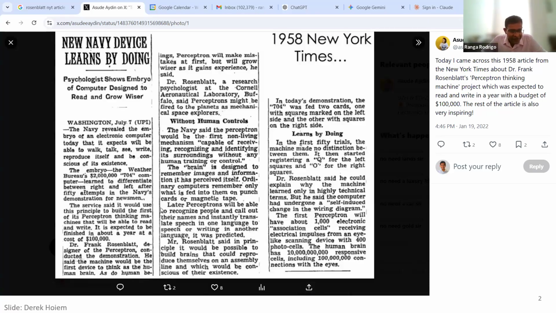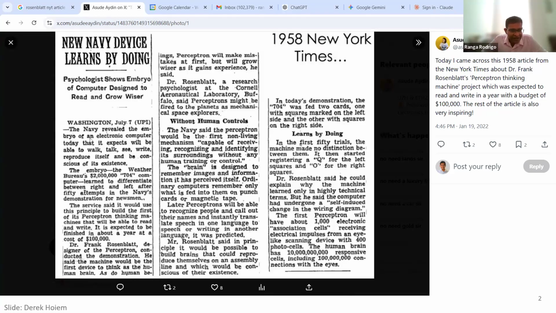So the article said, I think he worked for the US Navy, it would use this principle to build the first perceptron thinking machines that will be able to read and write. It is expected to be finished in about a year at a cost of 100,000. The Navy said the perceptron would be the first non-living mechanism capable of receiving, recognition and identifying its surrounding without any human training or control.